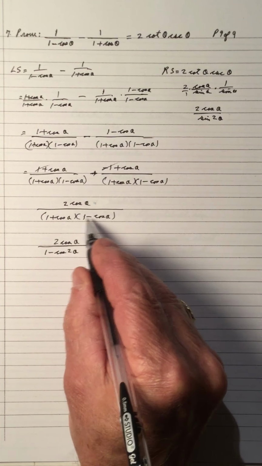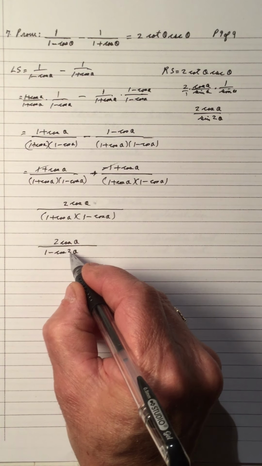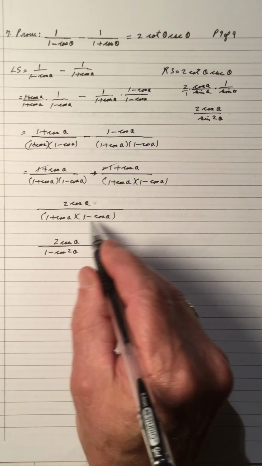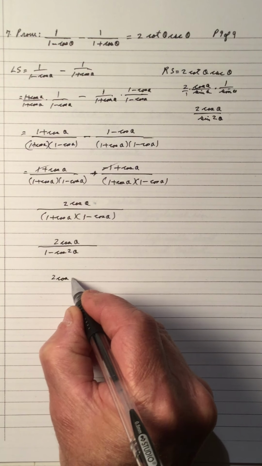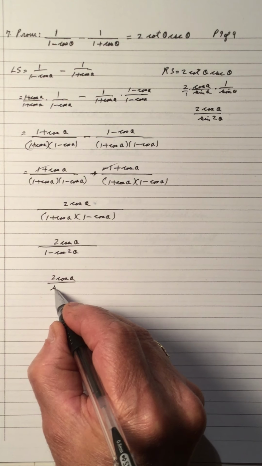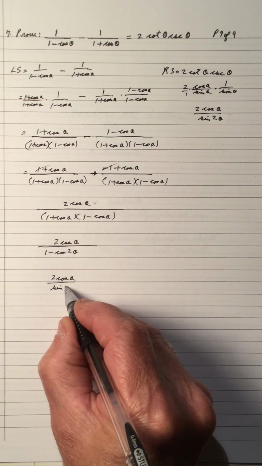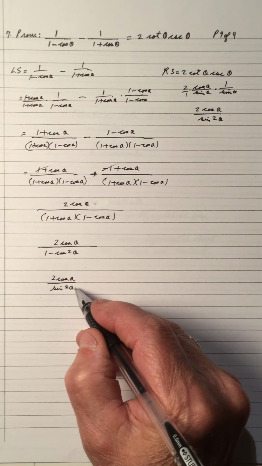That's the difference of two squares, so the product of these two is 1 minus cos squared, because the cos is cancelled out. And that gives me 2 cos theta over sine squared. Now, these two are the same.